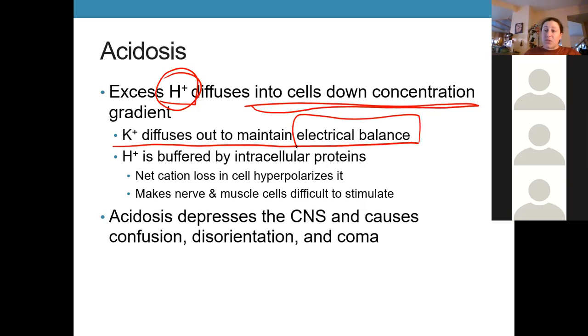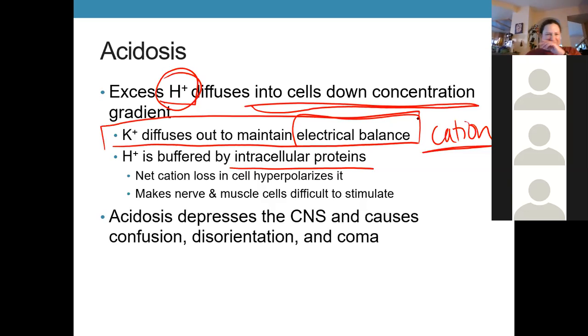Potassium's our major intracellular cation, or positively charged ion. As hydrogen goes in, potassium comes out. Now the hydrogen gets buffered by those intracellular proteins, so we don't necessarily have acid in the cells themselves. What ends up causing a problem is losing our potassium.